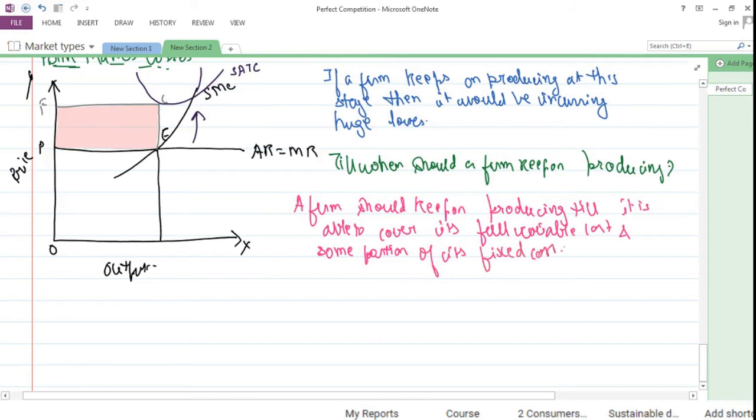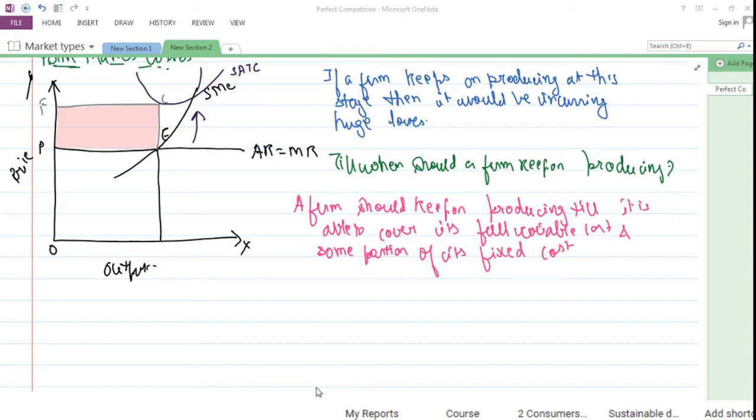Why this is important is because if it is unable to cover any portion of the fixed cost, then it is going to incur huge losses in this case. So it is important that the firm continues to produce till that stage wherein it is able to cover a part of the fixed cost as well.